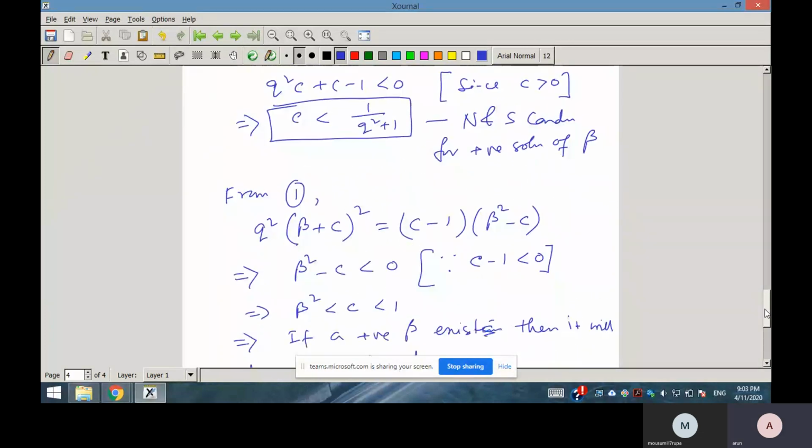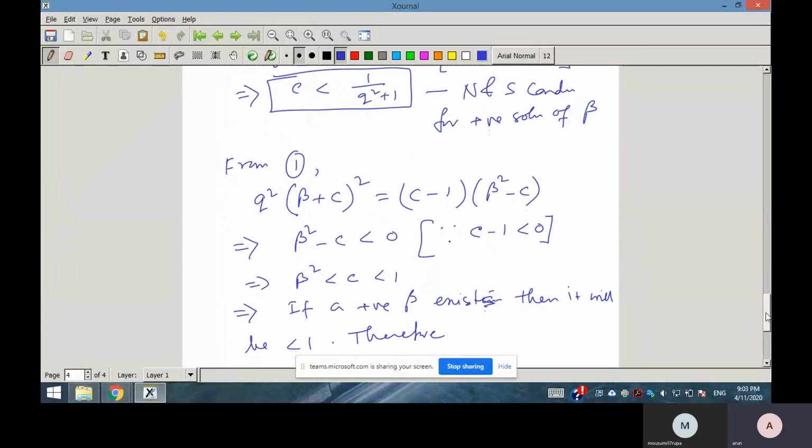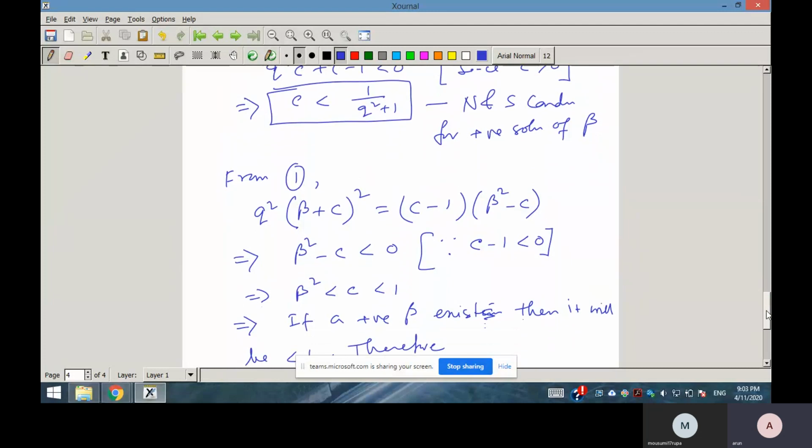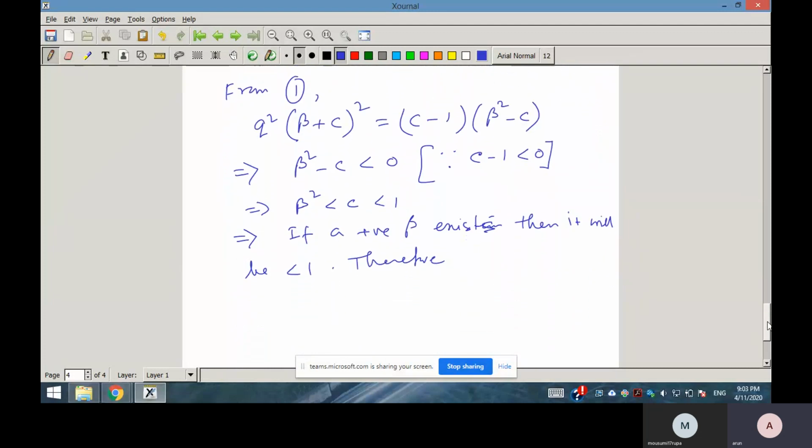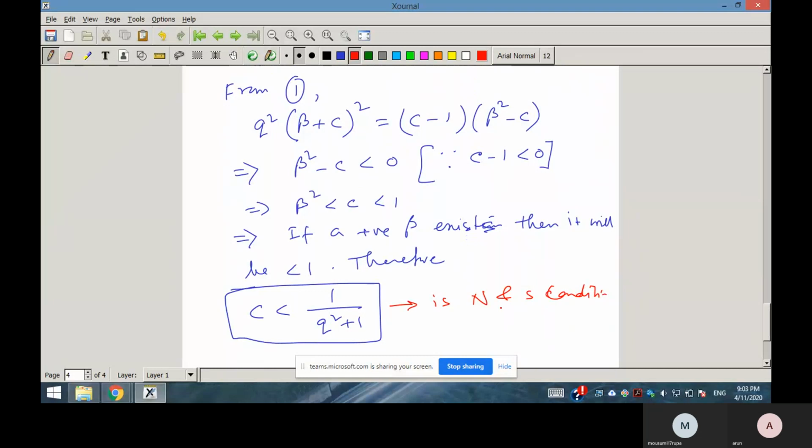Therefore c less than 1 divided by q square plus 1 is the necessary and sufficient condition for existence of lead controller. Sorry, lag controller.